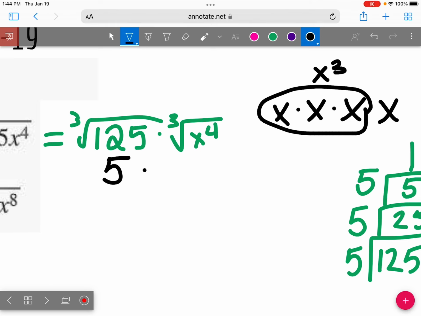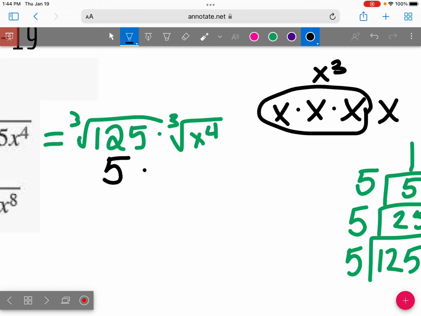And the cube root of x to the third is just what? X, right? So what do we have left in our cube root? What's left over in our x's? Yeah, just x.